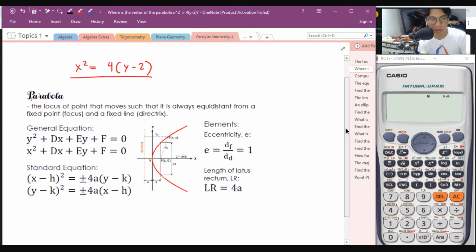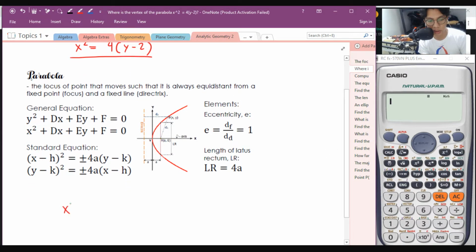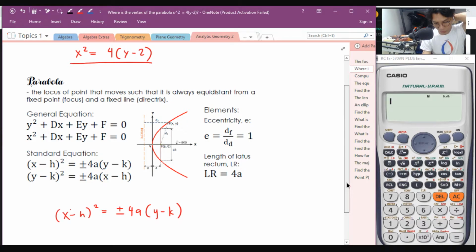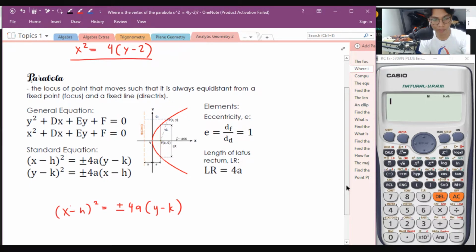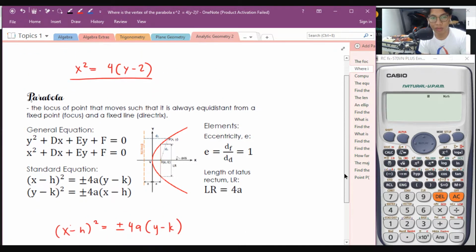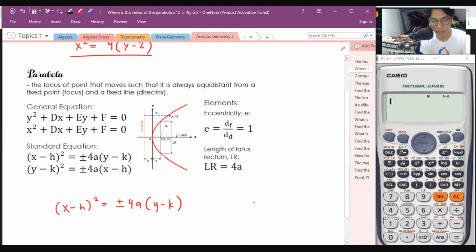Okay? So, x squared. X minus h squared equal to positive negative 4a tapos y minus k. Yan. So, dito, meron tayong yung 4a natin, kunin mo ito, yung nasa labas.